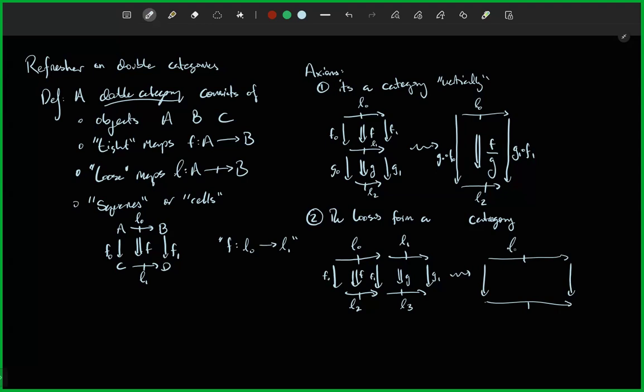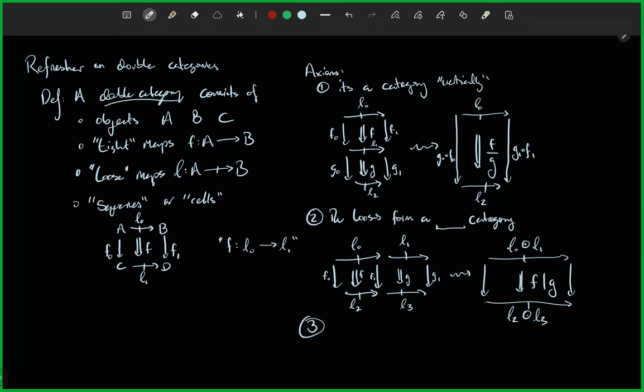I'll call this L0, and then we usually use this little tensor product looking notation, L2 dot L3. And the maps here I would call F bar G. Then both of these are roughly speaking a category. I'll come back to that.